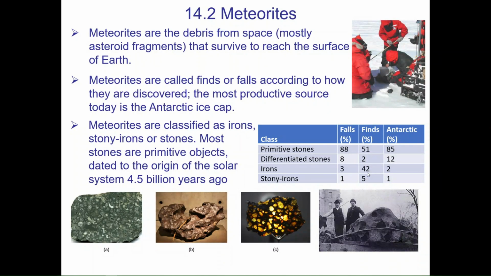And how do meteorites look? You can see the bottom picture. This picture shows a very big iron meteorite. This meteorite is very huge. It is about 15 tons, and it was found in the state of Oregon.